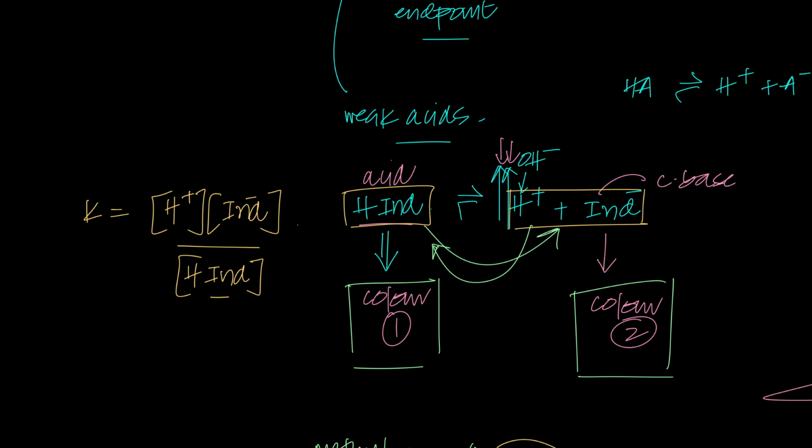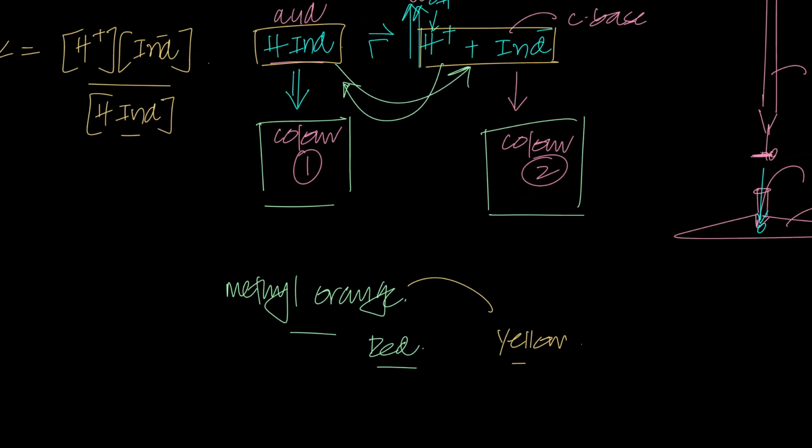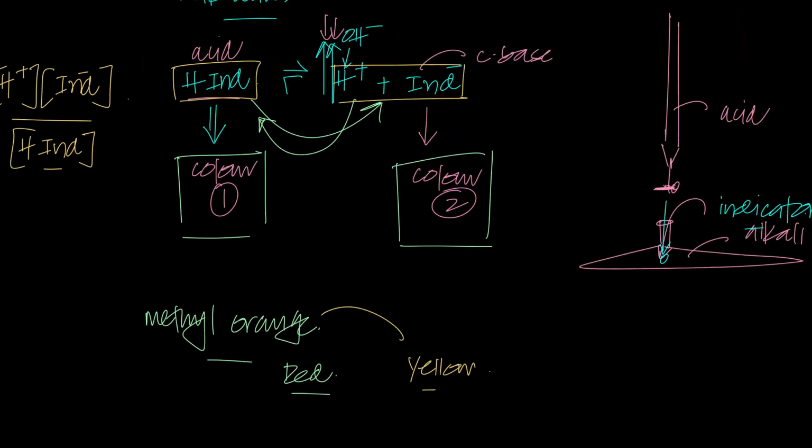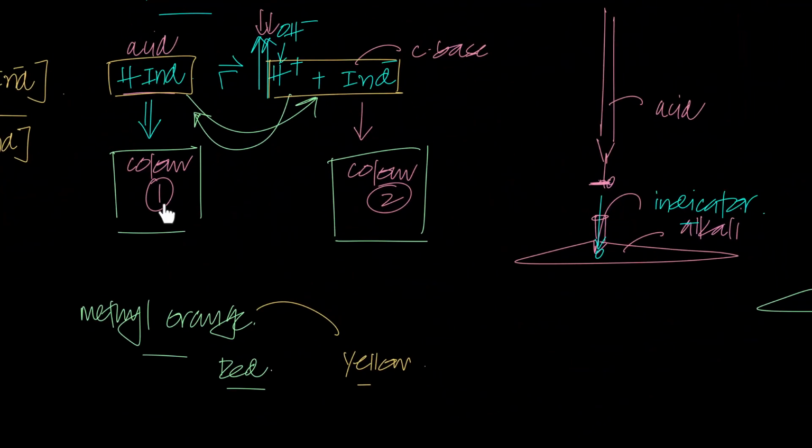And at the equivalence point, if humans are extremely precise and accurate, what's going to happen is you will actually end up with a neutral color, which will be between these two.